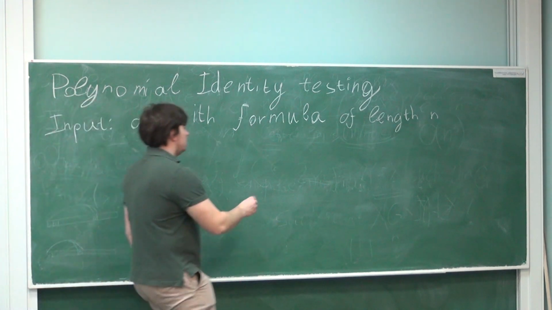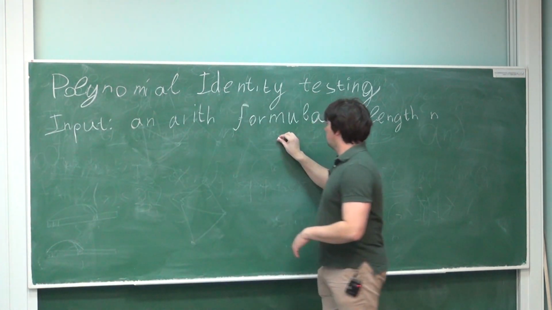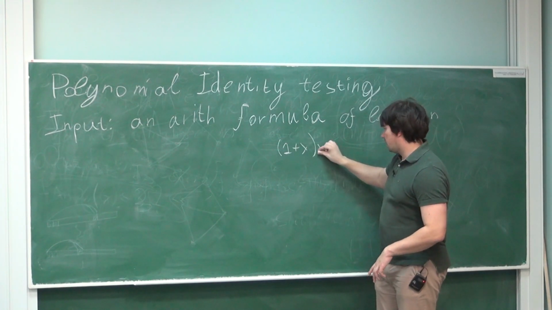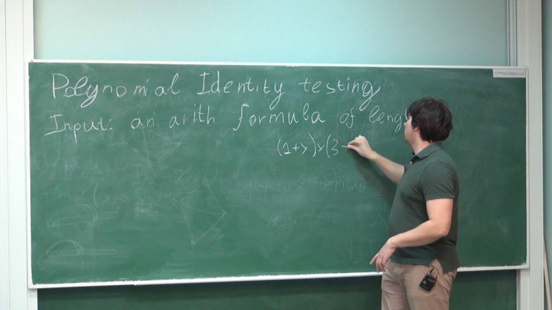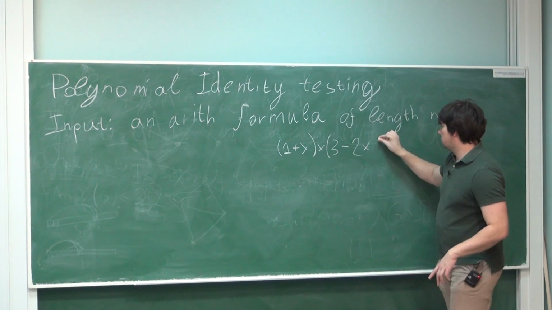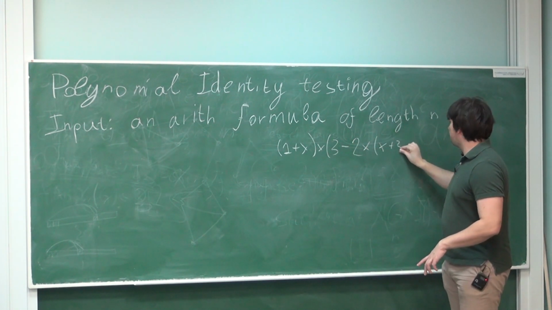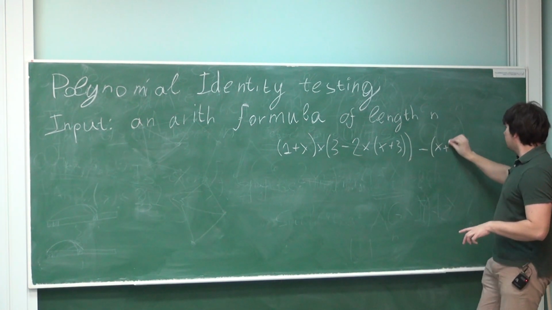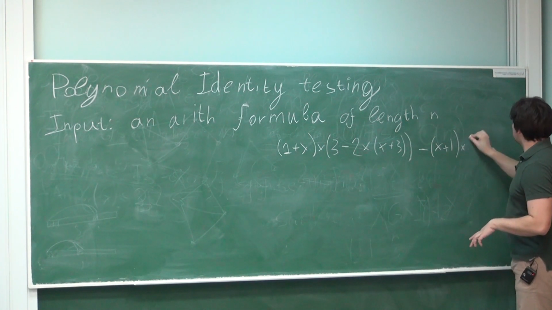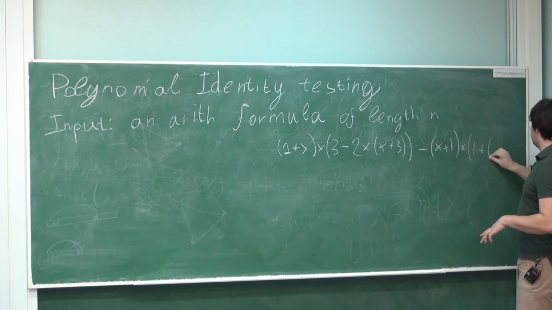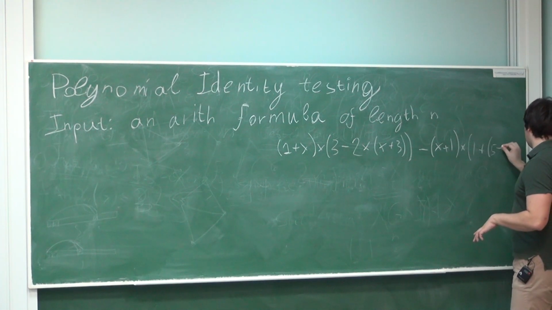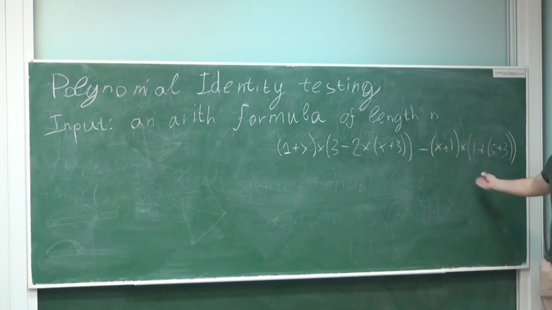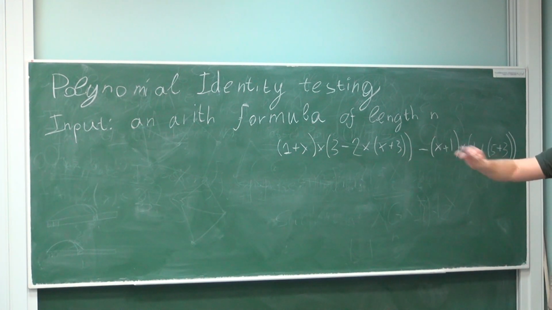So for example, something like 1 plus x times 3 minus 2 times x plus 3 bracket minus x plus 1 times 1 plus 5 plus 3. That is a valid formula, right?